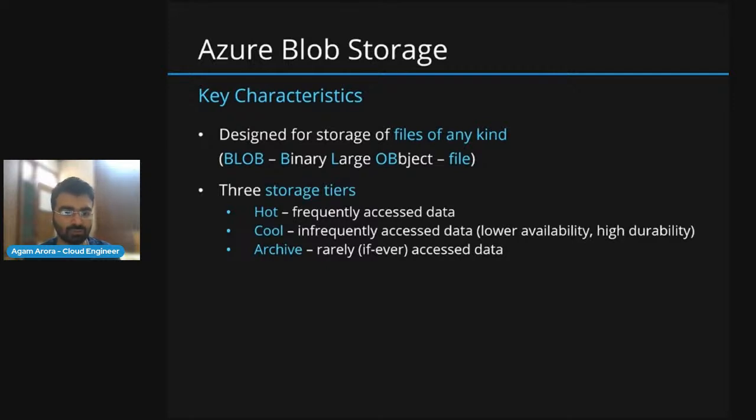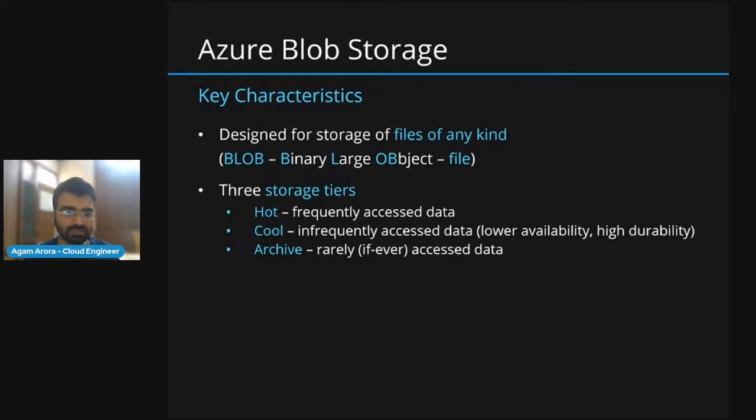The cost of the cool storage tier is comparatively lesser, and the con of this tier is that its availability is lesser, because it will take a much longer time to be processed than the hot storage tier when we request it.